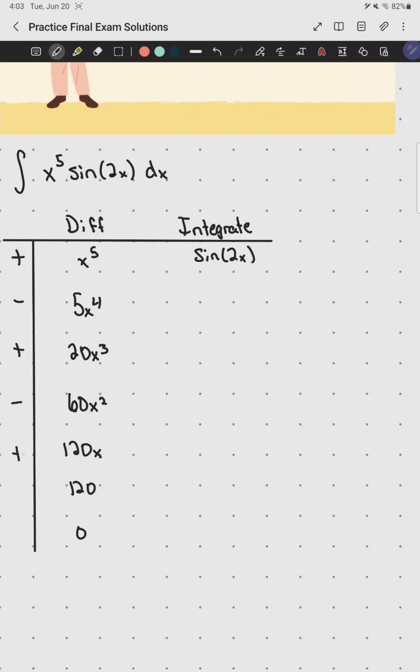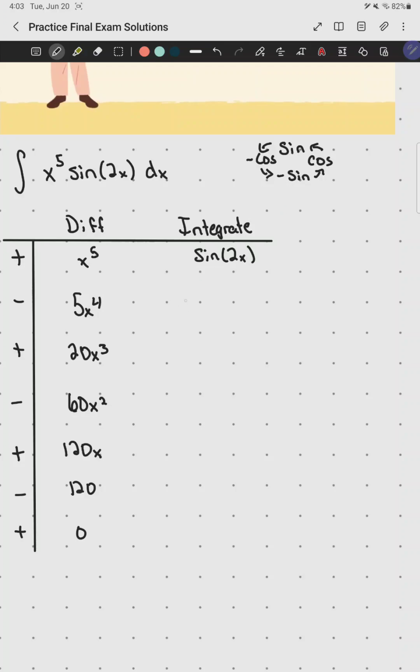We're going to alternate plus, minus, and to help out with our signs, I'm going to draw my little clock here. To integrate, we're going to go backwards, starting out with sine. Keep in mind that because we're integrating, we're going to be dividing by 2 each time.